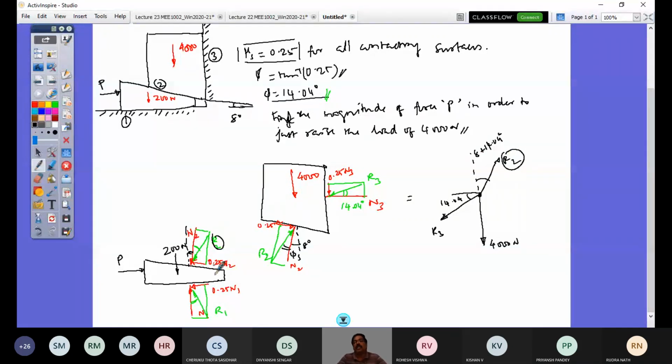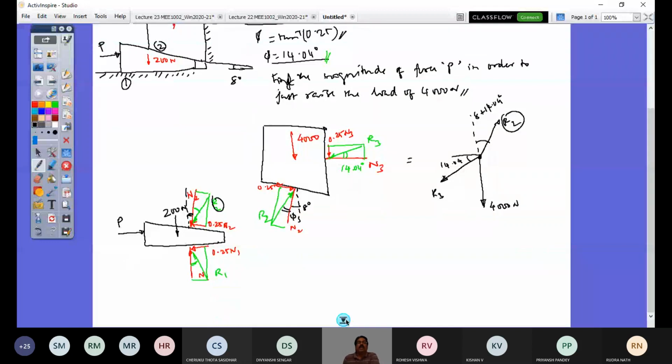So one is this free body diagram, another one is the free body diagram of the wedge. So here, though I have more than 3 forces, it is better to represent it in a similar fashion. So for the wedge free body diagram, you have the weight of the wedge, 200 Newton, acting down, and force P to the horizontal to the right.